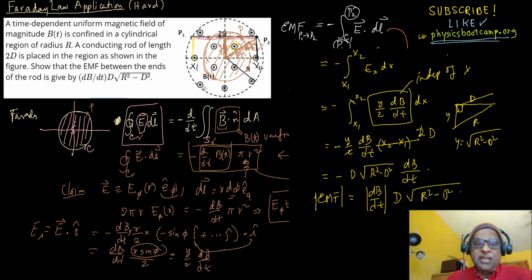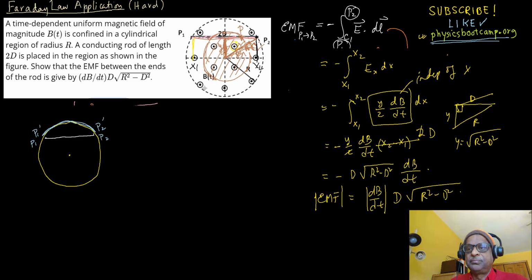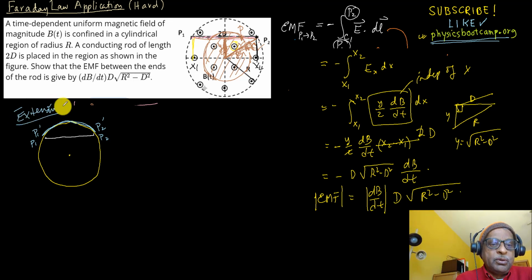So I was also saying that maybe some extensions of this problem are a little more interesting actually. Here is an extension of this problem that I will strongly urge you to do out. Instead of this bar, you had this bar, but it was exactly the same, between the same 2 points.